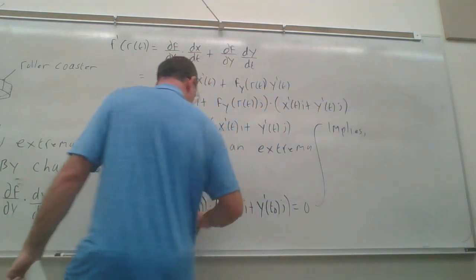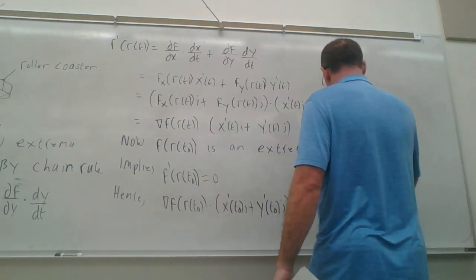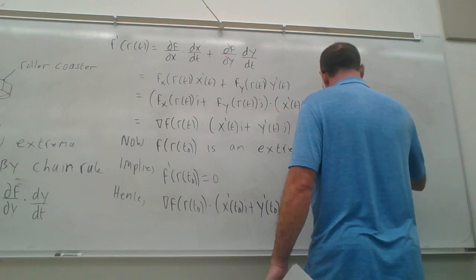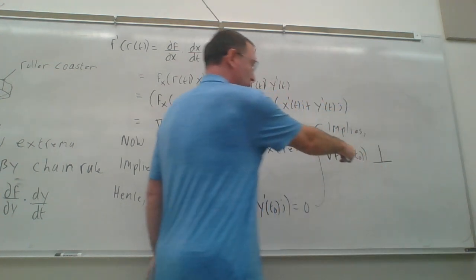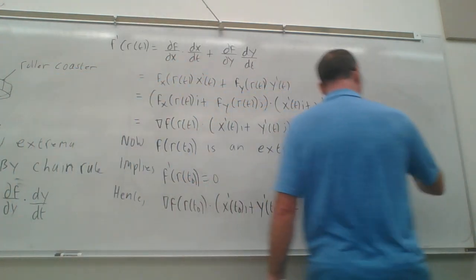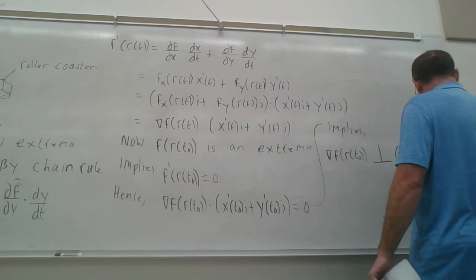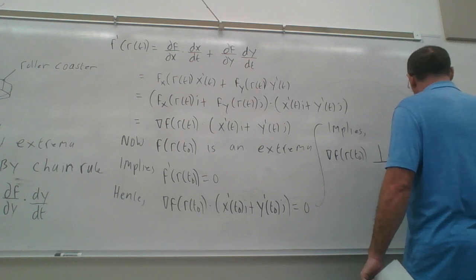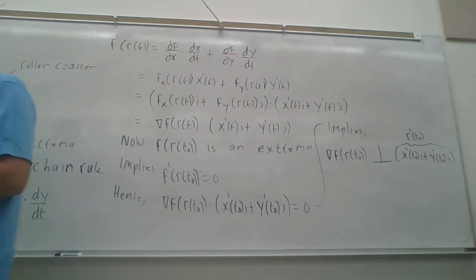Since the dot product of these two is 0, it implies that our gradient guy is perpendicular to our derivative, y prime of t0 j. I guess you could just write this as r prime of t0 if you wanted to.